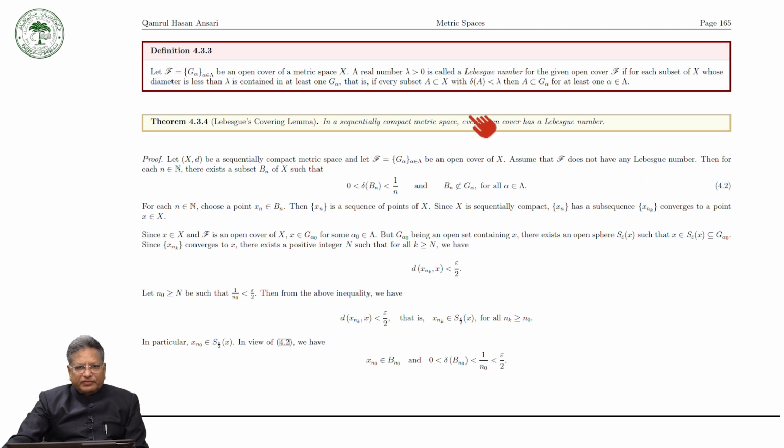from the definition of a Lebesgue number, for each natural number n, there exists a subset Bn of X such that the diameter of Bn is greater than 0 and less than 1 over n, but Bn is not contained in G alpha for any alpha in Lambda.